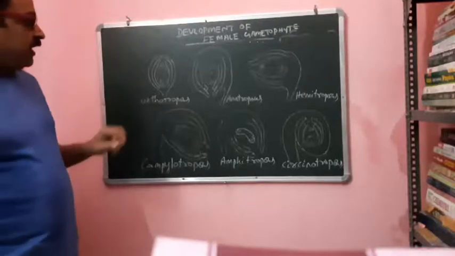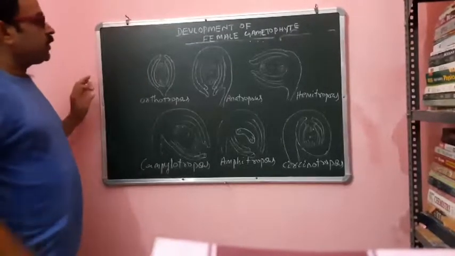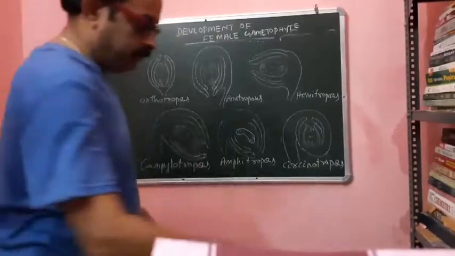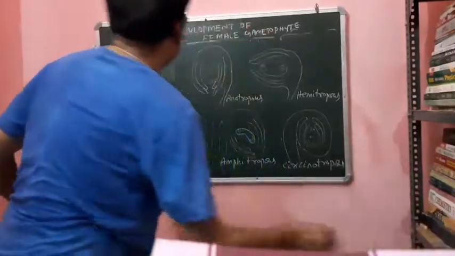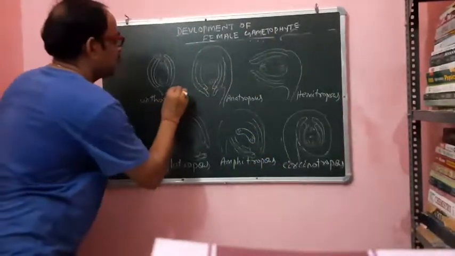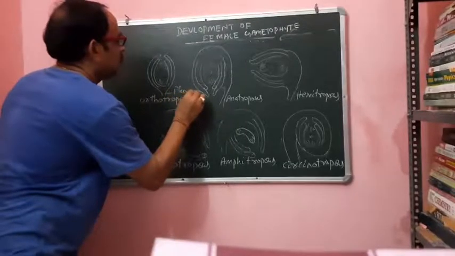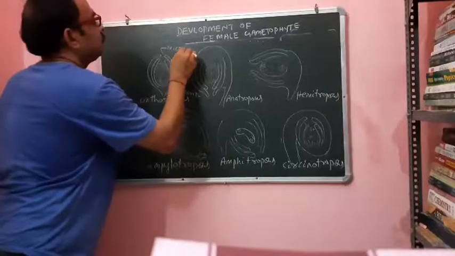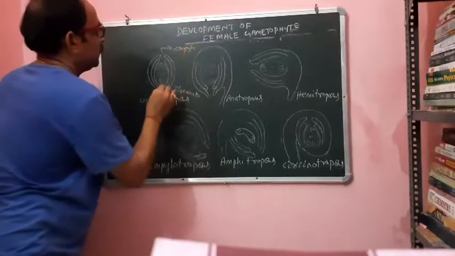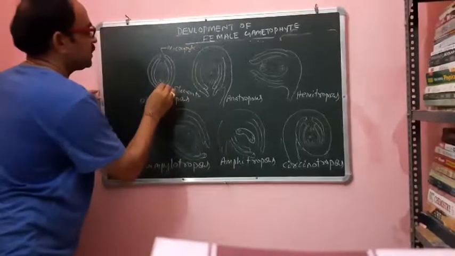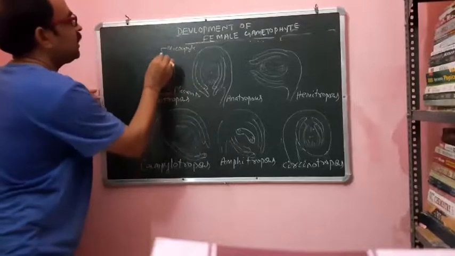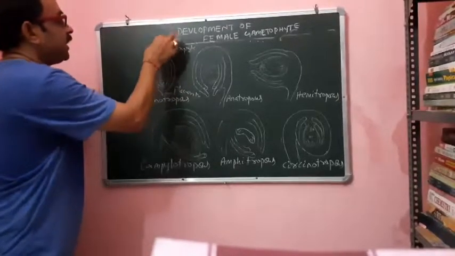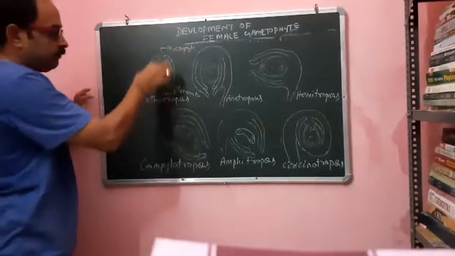You see, in orthotropous ovule, this is placenta, this is micropyle, this is chalaza; placenta and micropyle lie in a vertical line.